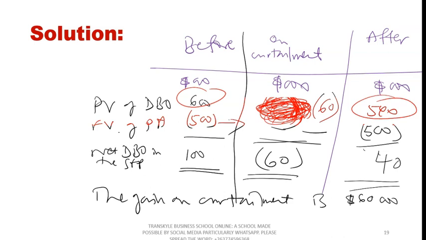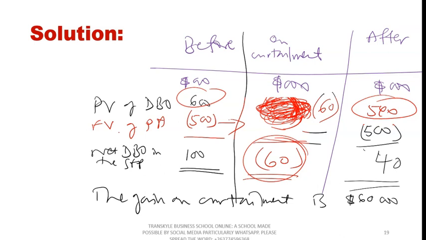Please just ignore the movement of the pen. I don't know what's happening. So there is a 60,000 gain, and this should form part of the service cost component in the statement of profit or loss. So this is actually a gain. The 60,000 is a gain.